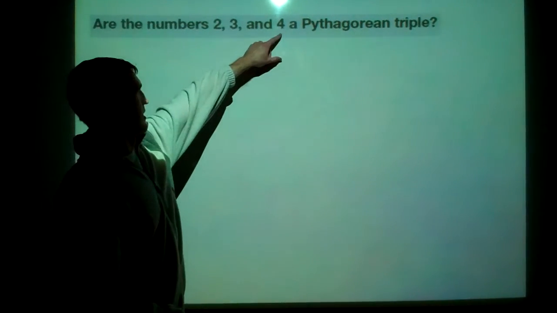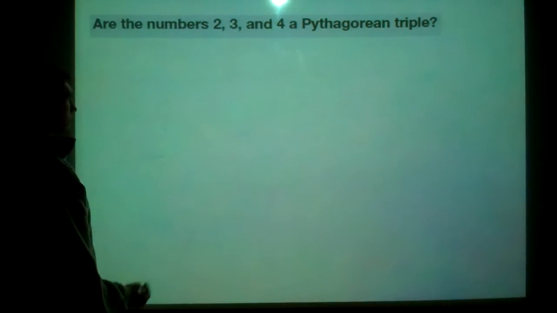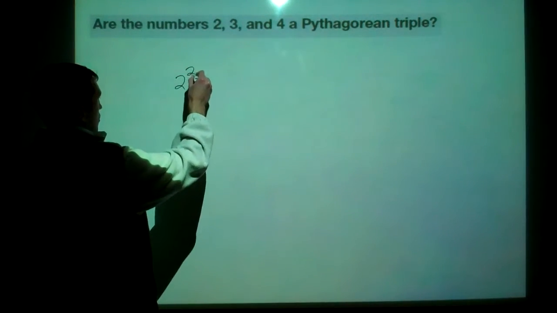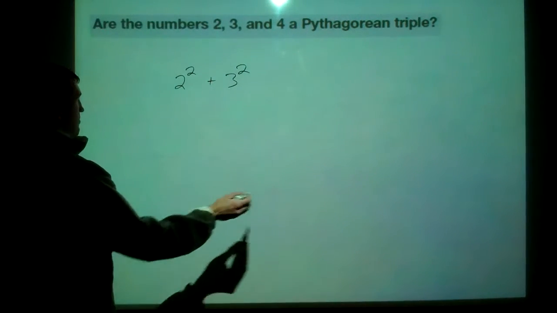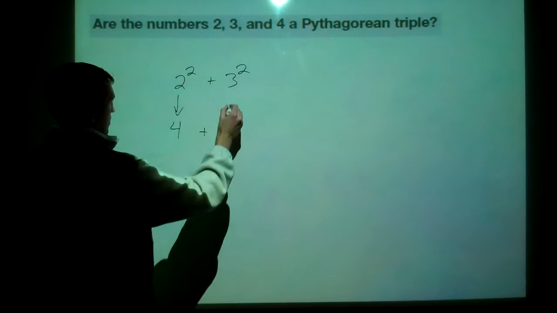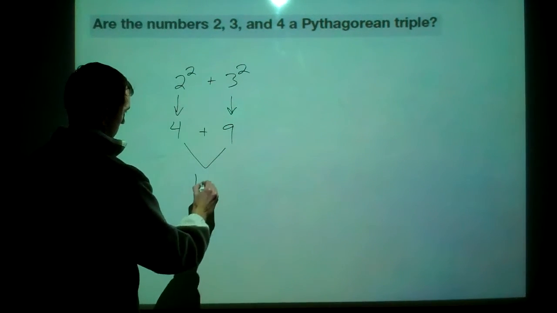So remember, the longest side has to be our hypotenuse, and then 2 and 3 have to be our legs. So what we're going to do then is we're going to take 2 squared plus 3 squared, and we'll get our answer. So we'll get 4 plus 9. And if we add those together, we'll get 13.